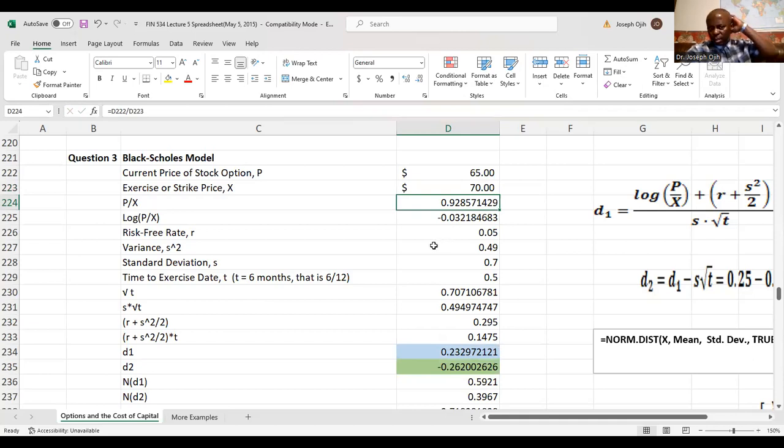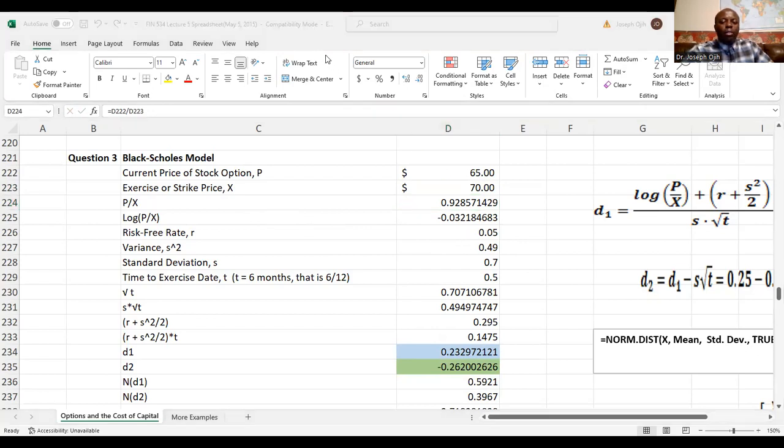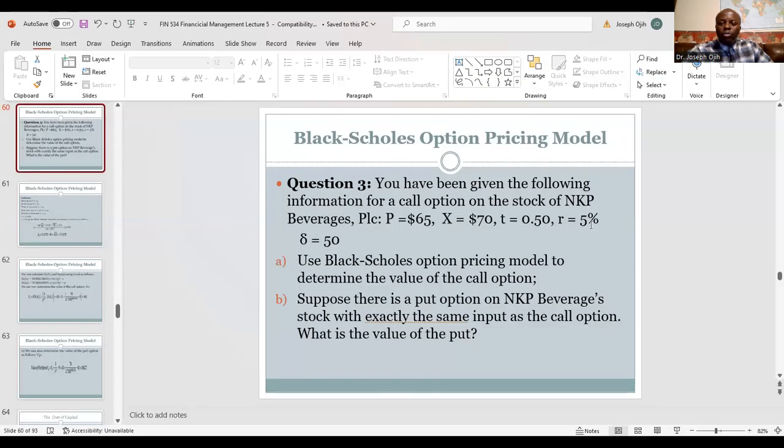P over X has already been calculated for us, because remember, we did the calculation already in the first question. So everything will be calculated by itself. Our risk-free rate, according to the question, is 5%, which is 0.05, and we have it here already as 0.05.